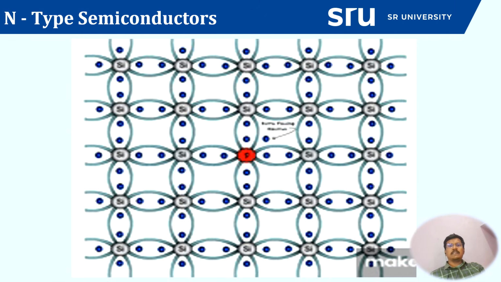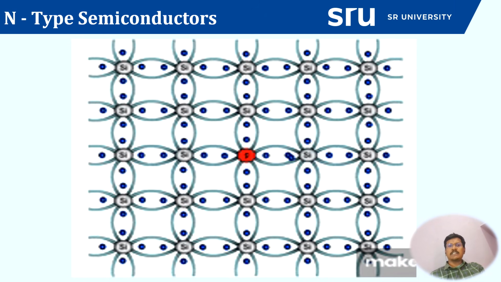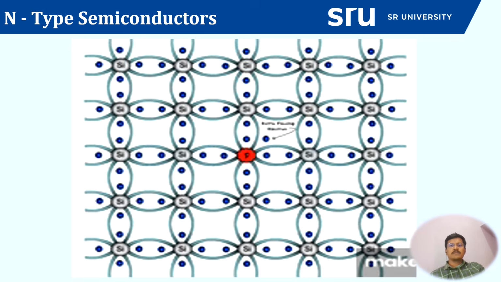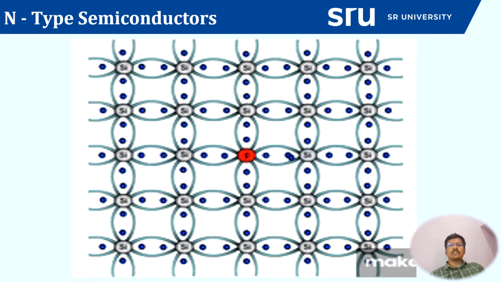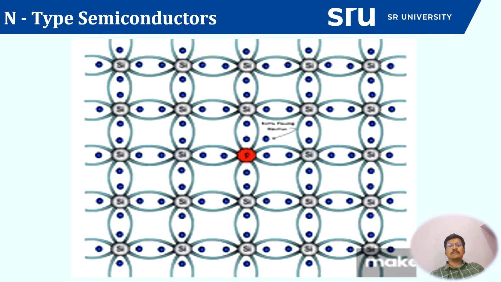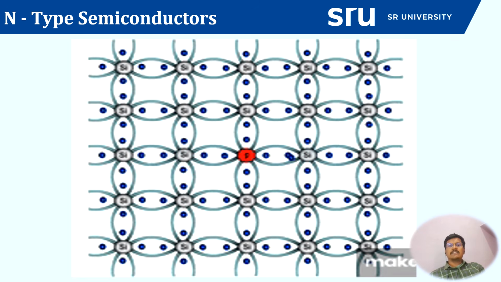Let us examine the carrier distribution inside an n-type semiconductor. You can see here in the diagram, initially the excess electron comes out of the bonding with a small energy, and it strikes another electron while moving freely throughout the semiconductor.